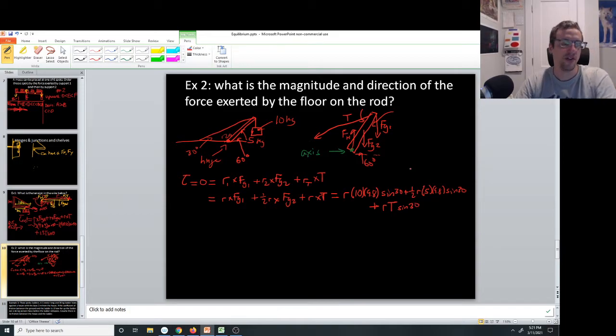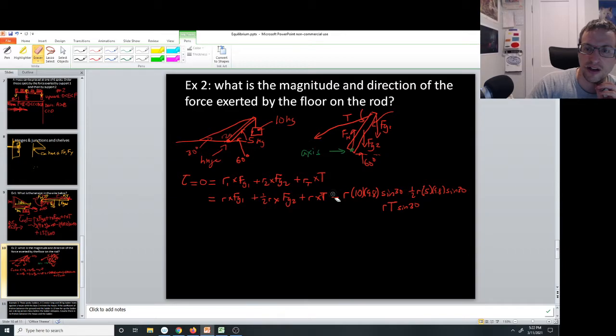Now if you've been paying attention, you might be asking yourself a question: wait, what about positives and negatives? And yeah, I didn't take that into account. So let's get rid of these signs, and we'll make up our minds about the signs. I'm going to say that this way is positive. So that means that this is negative and this is negative. My R's are going to cancel out.